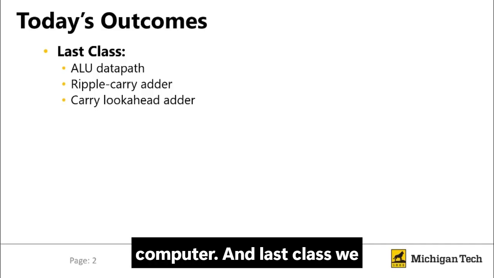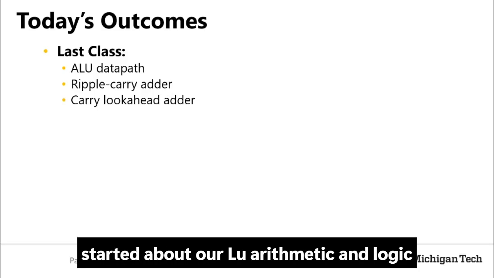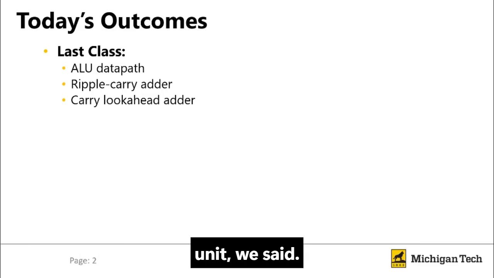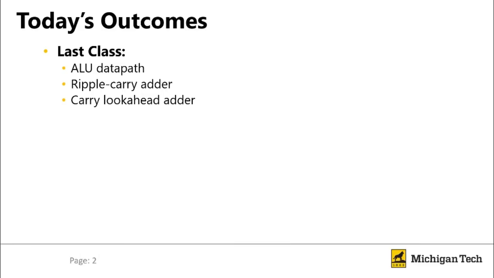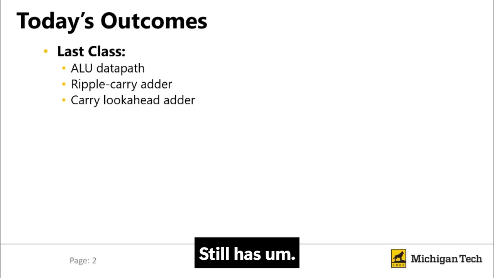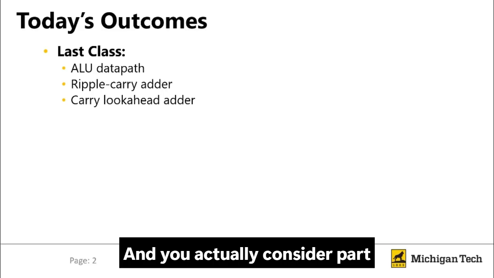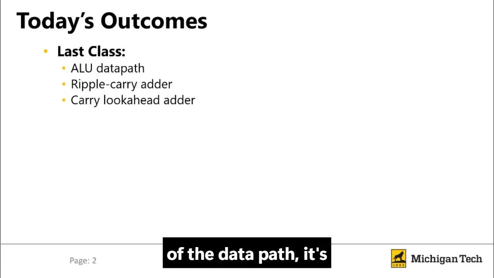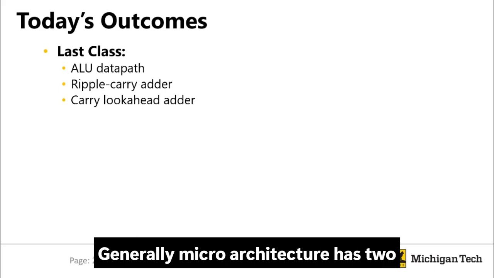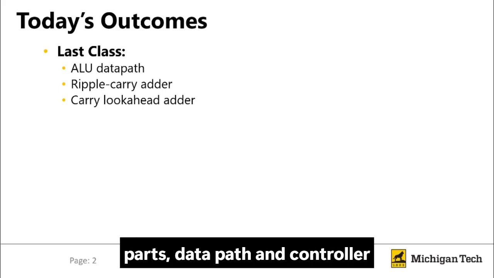And last class, we started about ALU, arithmetic and logic unit. We said ALU is actually considered part of the data path. Generally, microarchitecture has two parts, data path and controller.